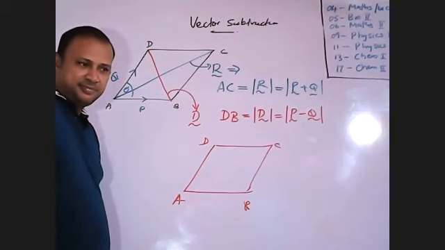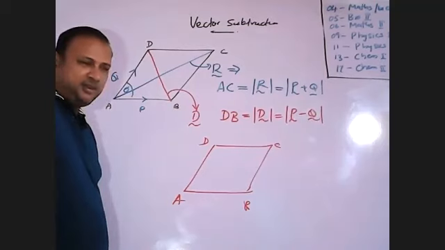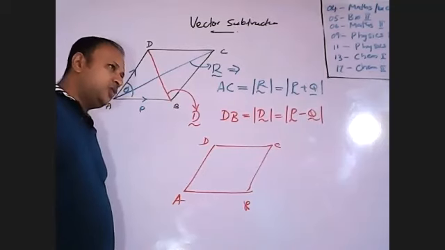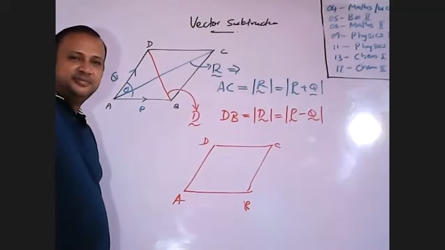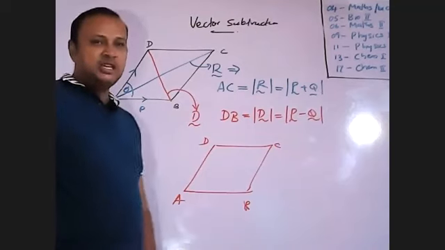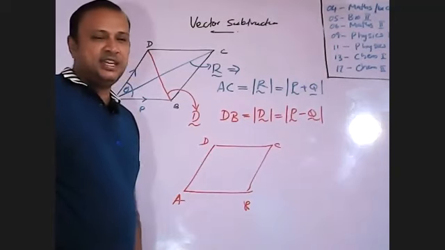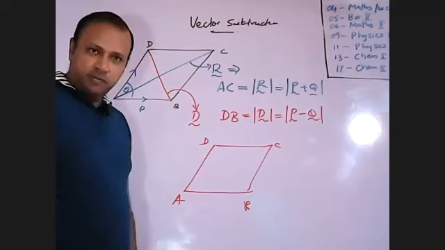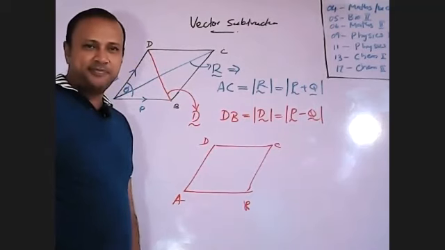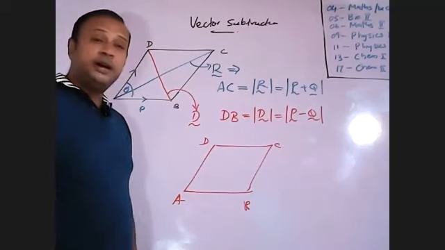So it should be a rhombus. Only rhombus, or is there any other thing? It can be two: one is rhombus, the other one is square. Both are perpendicular.